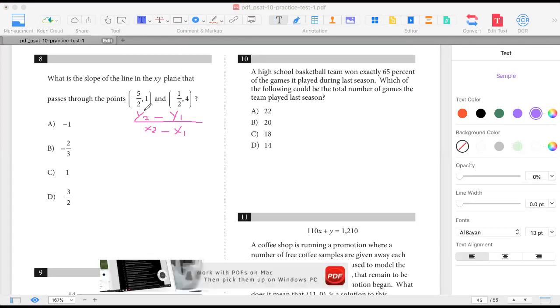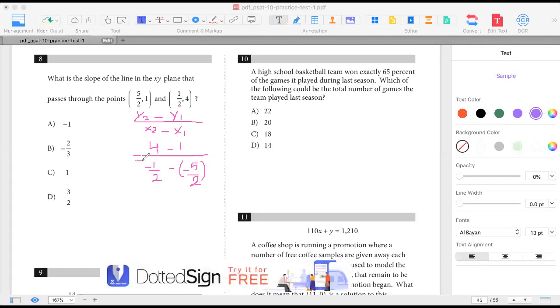Okay, so y2 here is 4 minus 1, and x2 is negative half minus 5 over 2. When I calculate it and simplify it, it will give me 3 over 2, which is D.